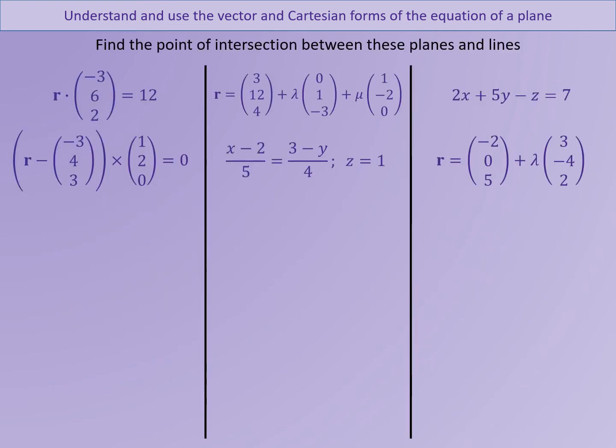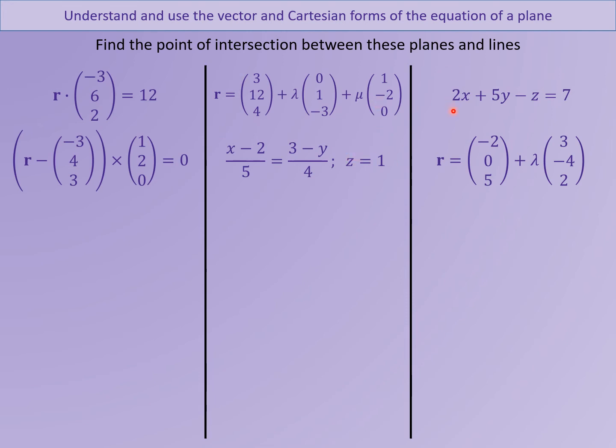Okay, so I've got three questions for you to have a look at, and you need to be finding the point of intersection between the planes and lines. So there's a plane there in r dot n equals d form. There's your line in vector product form. Can you find where those two intersect? Can you then do it in this one where you've got vector form and Cartesian form?